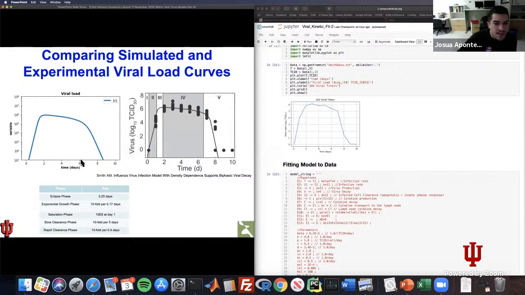Around day 6, the saturation happens around the same values on the same day. Right. So saturation at 10 to the 6 around 1.75 days. It's kind of the same here.